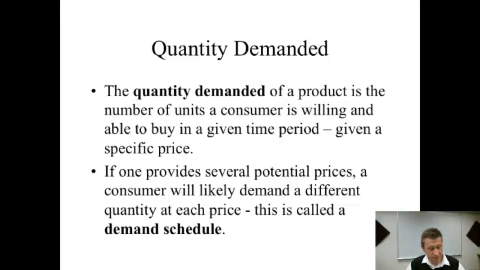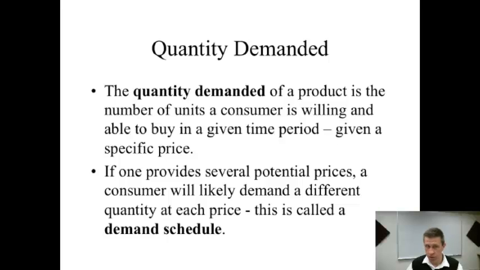Now, what we call a demand schedule is when you provide many different prices, and the consumer will have some different level of quantity demanded at each price. When you put this in a chart format, that's called a demand schedule. You may want to buy a different number of slices of pizza if the price is $3 versus if the price is $2, $1, or if they're free.